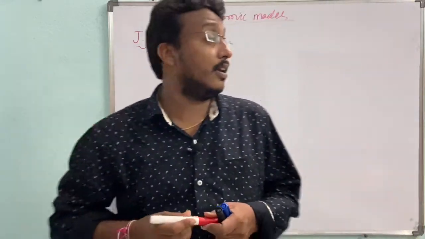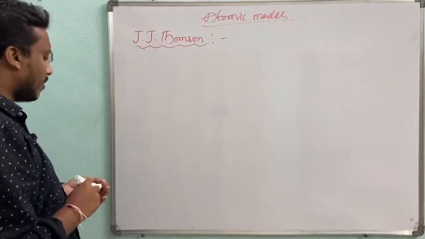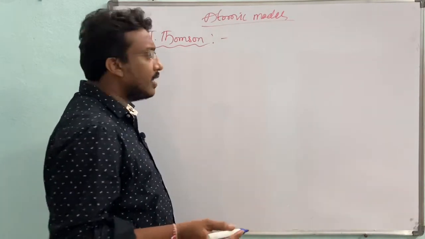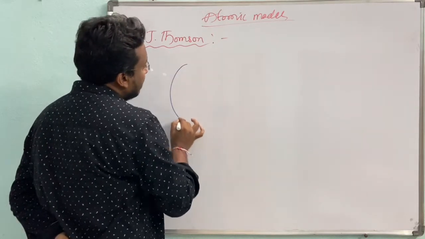According to J.J. Thomson's atomic model, the atom is like a sphere.